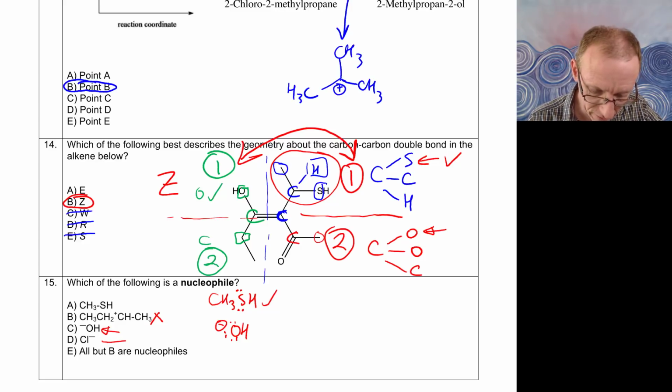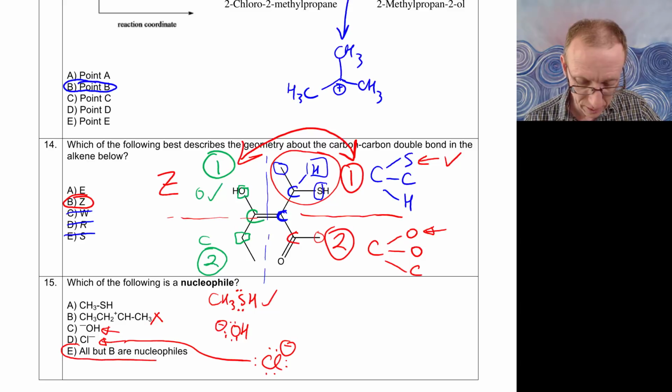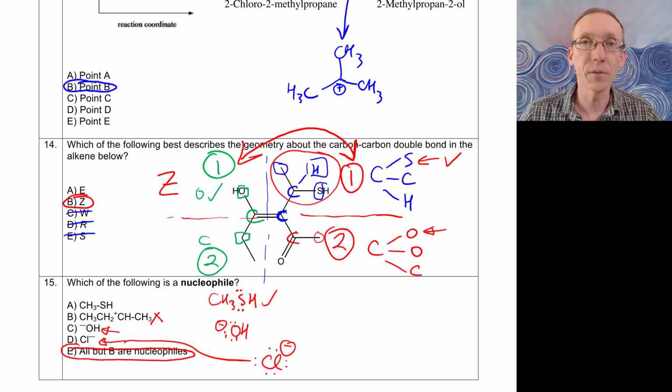And chloride has a negative charge and electrons as well. If we draw it down here, it's Cl. Halides with a negative charge have 4 lone pairs of electrons and a negative charge, so it's going to have the ability to make a new bond by sharing that pair of electrons with an electrophile in a reaction. So this one is E. All but B are nucleophiles.